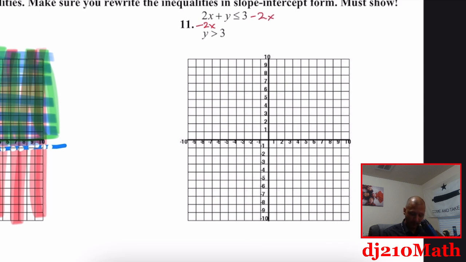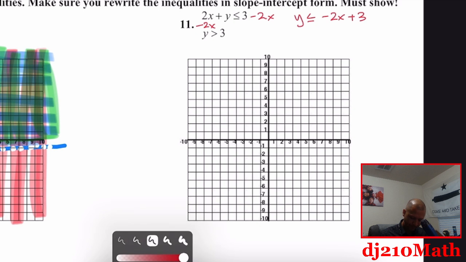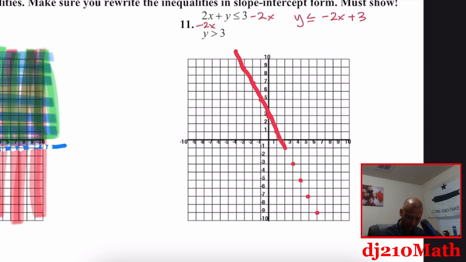So I see that y less than or equal, so this is a solid line for sure, minus 2x plus 3. So this is going to be y-intercept at 3. Y-intercept at 3. And we go down 2 to the right 1. Down 2 to the right 1. And the other direction too. Then we connect the dots. Solid line.